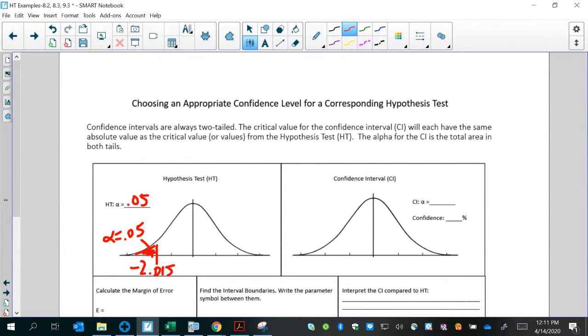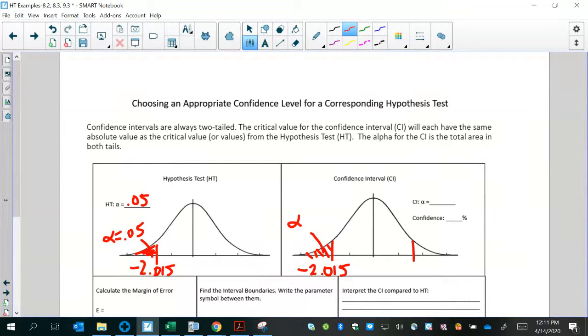Now remember that when we do a confidence interval, we will have two tails with the same critical value as in the hypothesis test and the same area on that same tail as in the hypothesis test.